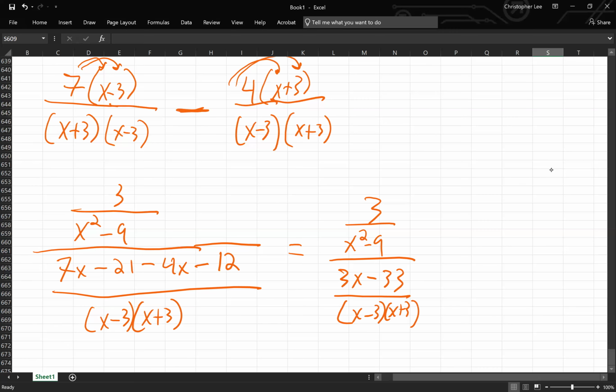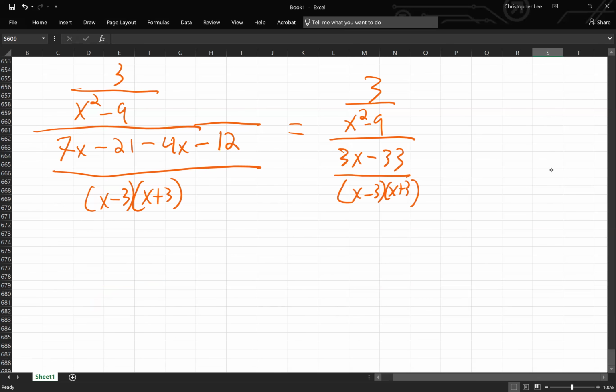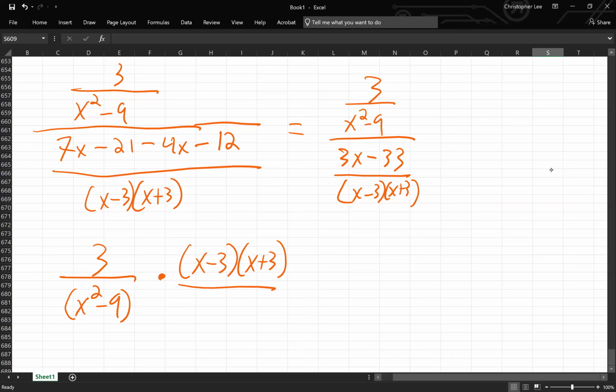Finally, I could do keep, change, flip, right? Finally. So now I have 3 over the x squared minus 9, right? Instead of the division, we'll change it to multiplication. And then flip this, x minus 3, x plus 3, right? Over the 3x minus 33.